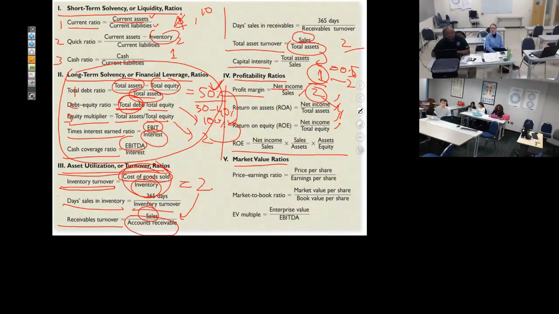Okay. Which one? This one. Is this what I said? Total assets over total equity. Yes. So equity multiplier times total asset turnover times profit margin gives us return on equity.